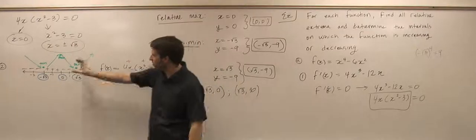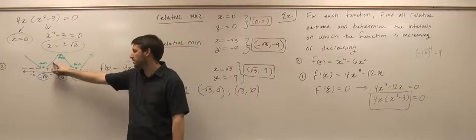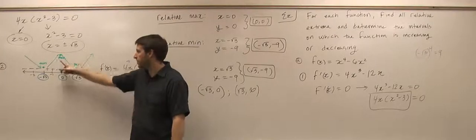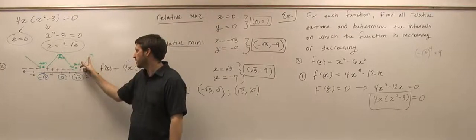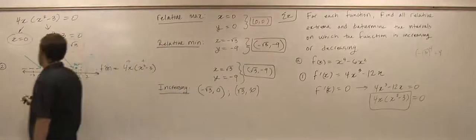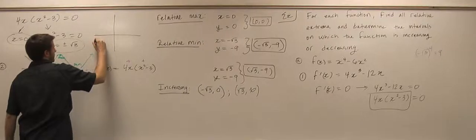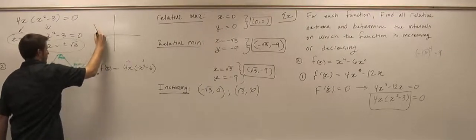Because you're increasing here and you're increasing here, but you're not necessarily increasing from here to here. Like if I pick a point here and I pick a point here, this point could be lower.